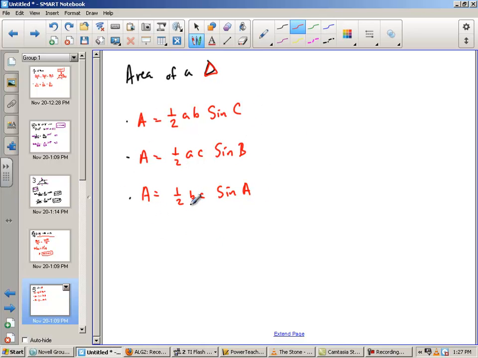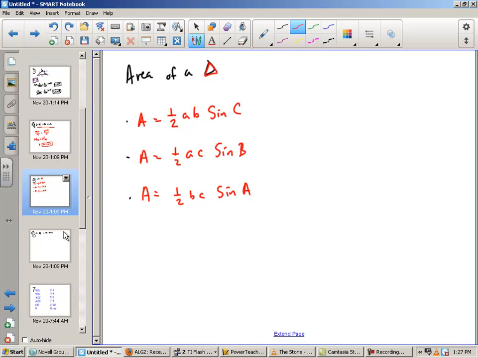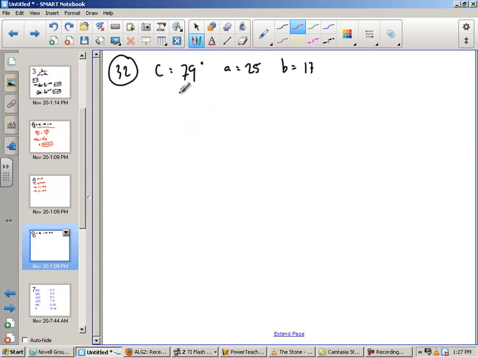Just have to figure out which ones we have. Take the letters, the sides that you know, multiply, and multiply by the sine of the other angle. It's an interesting way of working itself out, but really what it's doing is cutting the triangle into right triangles, which we can find the area of pretty easily.